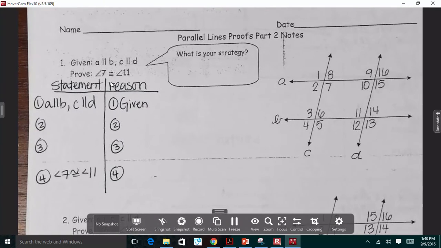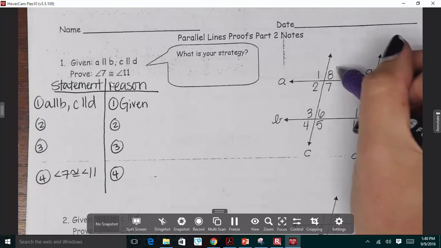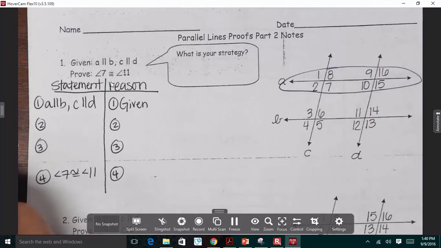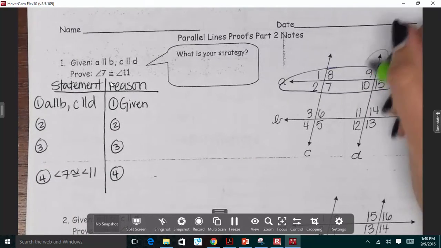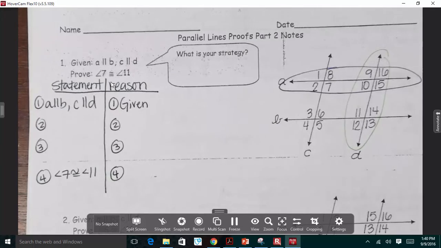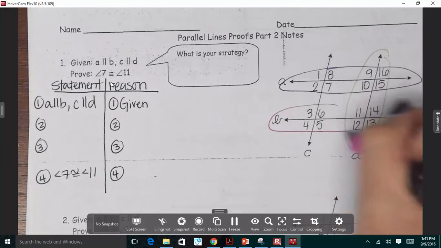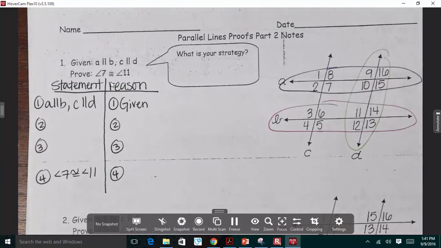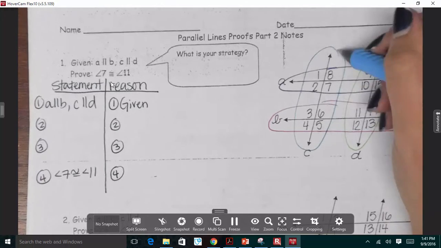Okay, now this one's different because our given is that A is parallel to B and C is parallel to D. What I love about that is it means that every line is parallel and every line can be a transversal, which means I can work along this line, I can work along this line, I can work along this line, and I can work along this line.